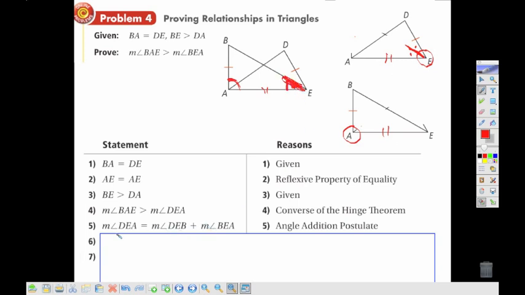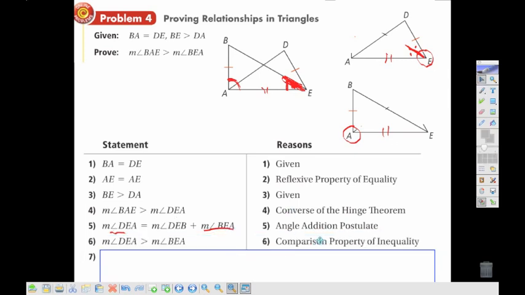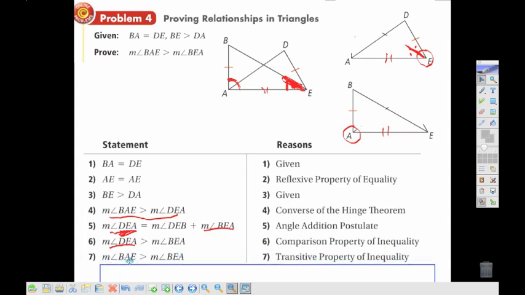Now, if these two parts are adding up to give me the whole thing, then either one of those parts, and we are looking for BEA, has to be smaller than the whole thing. That was a comparison property of inequality. We then compare, since we know that DEA is bigger than that, we also know that DEA is smaller than BAE, so using the transitive property, we get that BAE has to be greater than BEA.